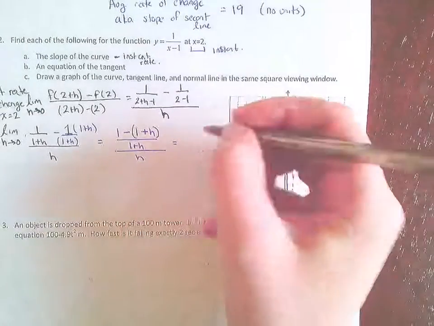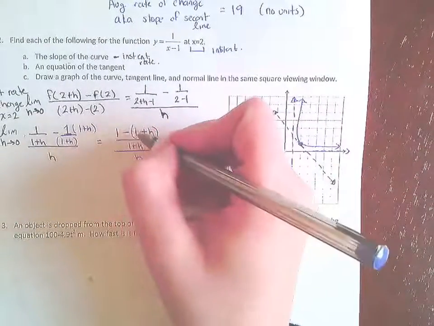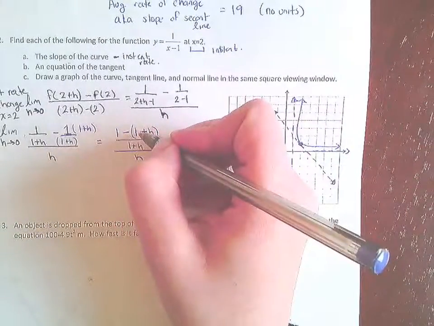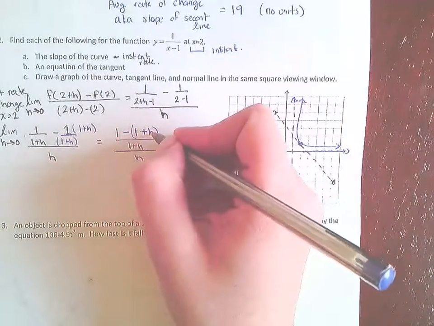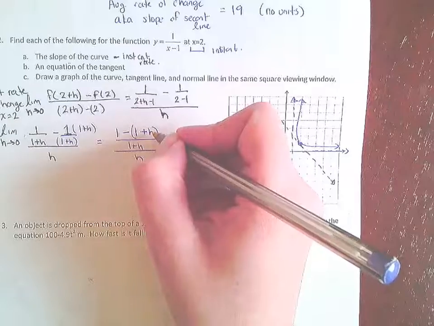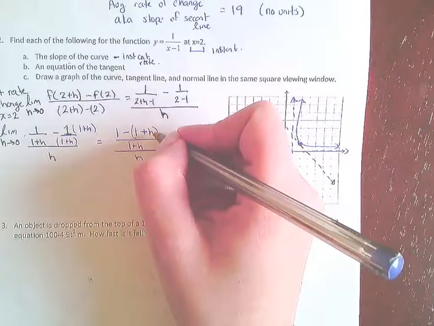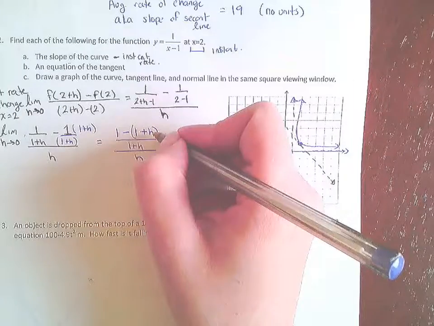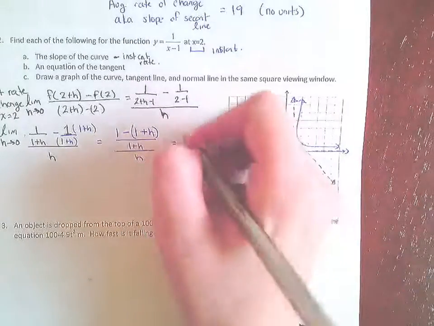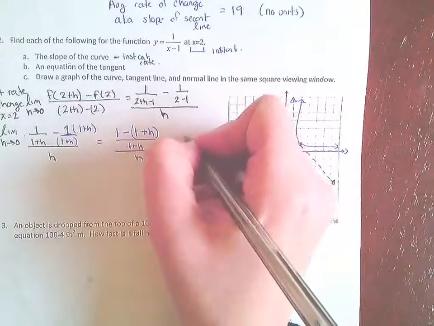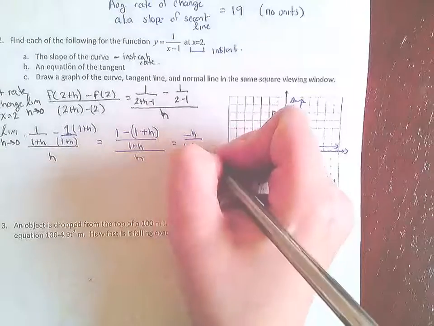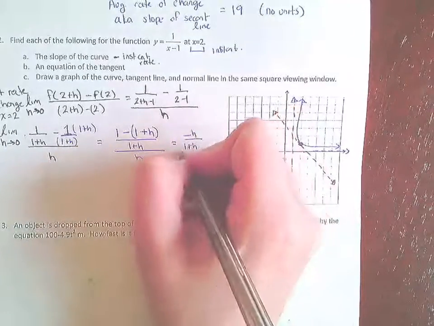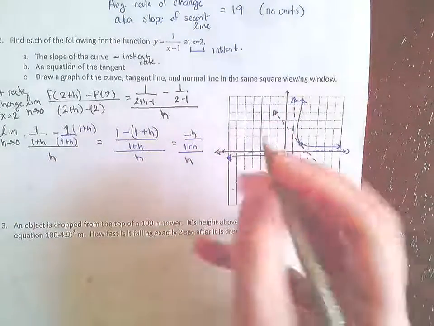All right, keep going to simplify. 1 minus 1 is 0, and then the negative 1 is going to make that h, I'm sorry, I just got to check my work really quick. That is going to make this h a negative h over 1 plus h, and that is all over h.